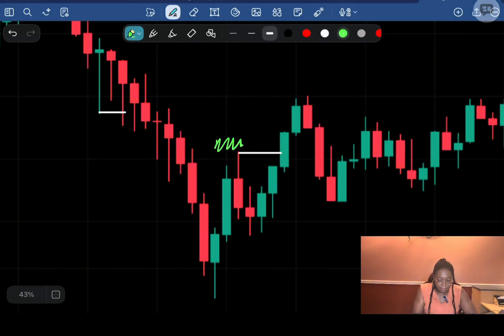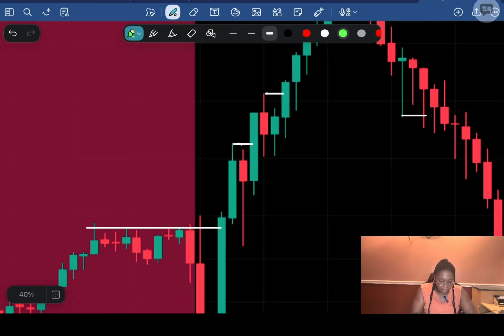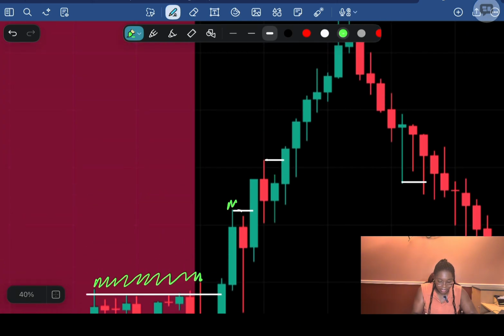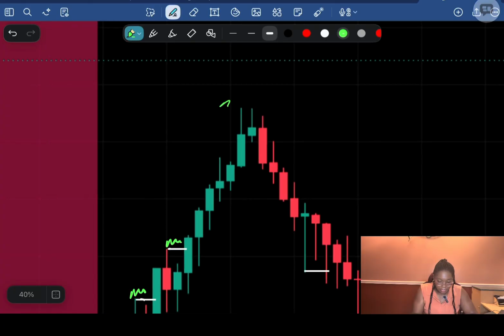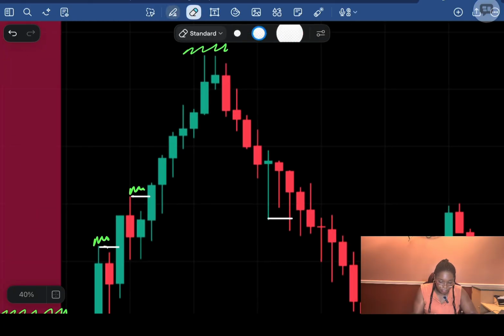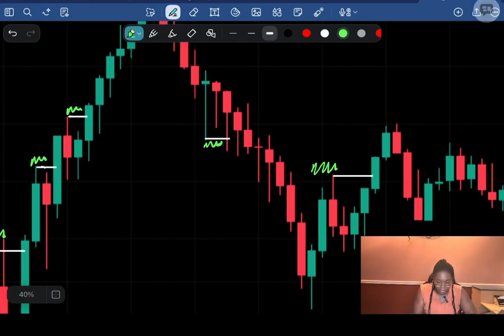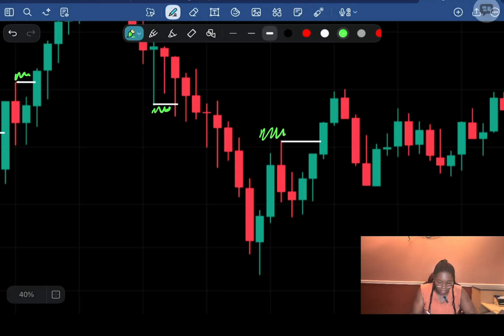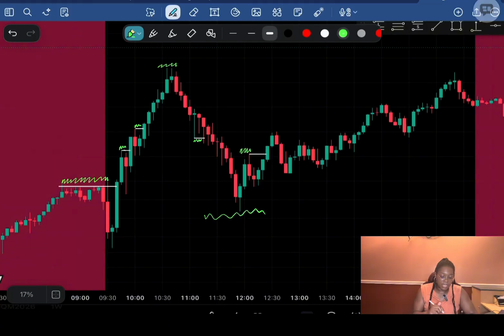So like here, on this that we marked out before, liquidity will be expected all throughout here. We have it here, here at these highs, and up here. And then on this side, we would see it here and down here. So all these areas that I've marked out by the green squiggly line are where we would have liquidity, from my understanding.